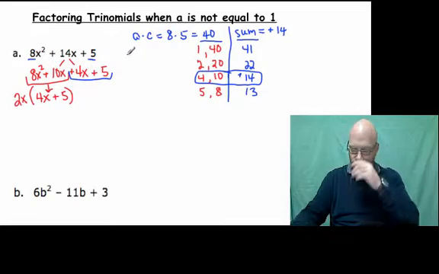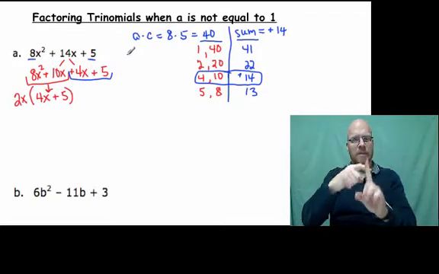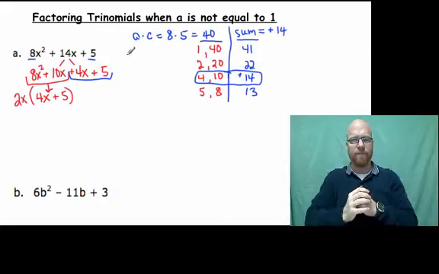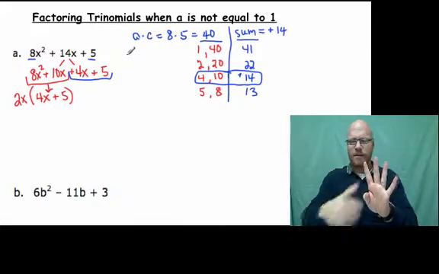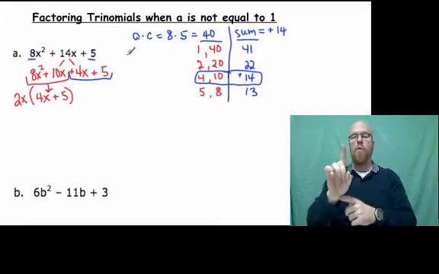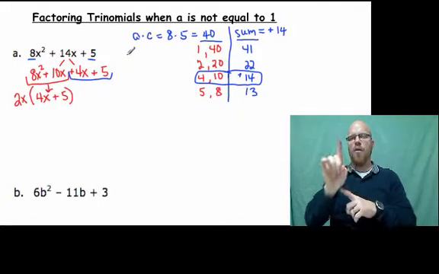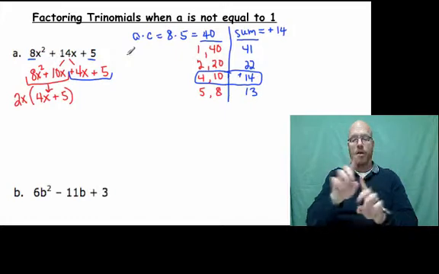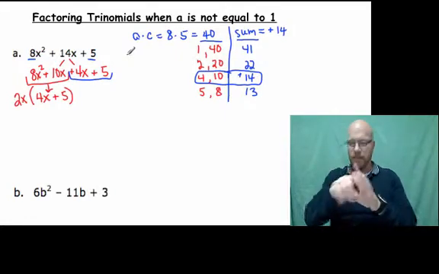Now, our second pair, we have a positive 4x plus 5. Now, they don't have anything really in common except one. We can divide by a positive 1. So we'll divide out by a positive 1 and we'll see how it looks.